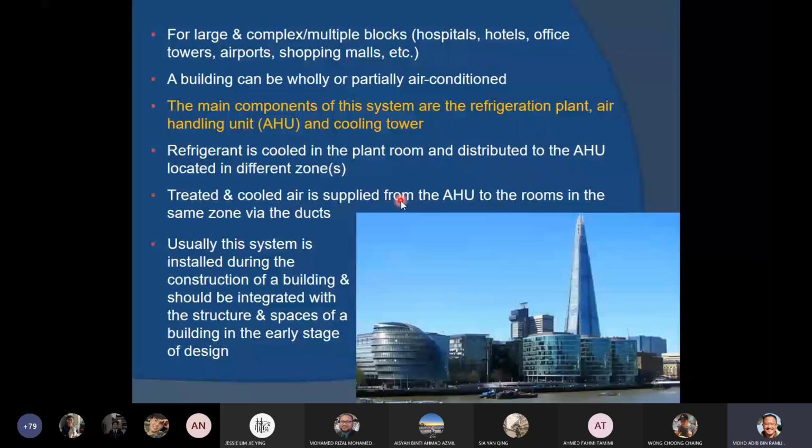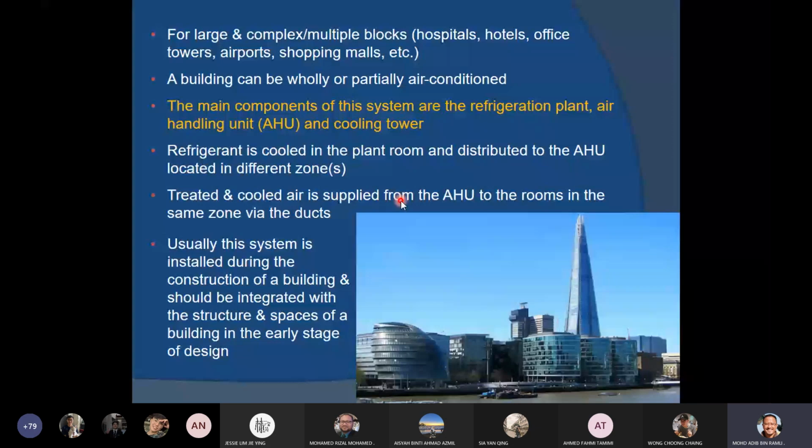If you only use one AHU, then I don't think it's suitable for you to use this plant system. I might as well use the package unit, the smaller version, because if you have only one zone, you only want to cool one zone, then probably the space to be air conditioned is not big enough, so you don't actually need to use this plant system.